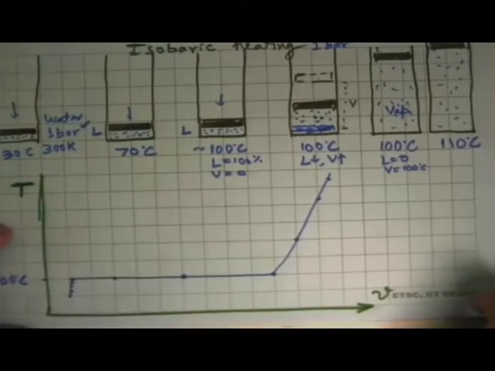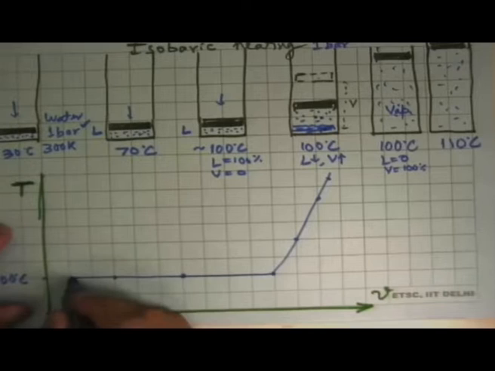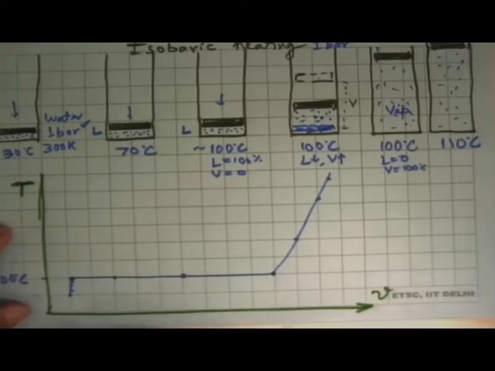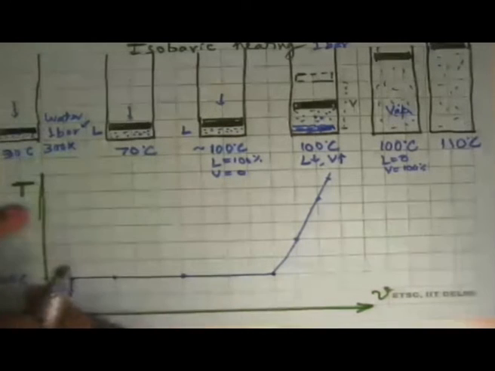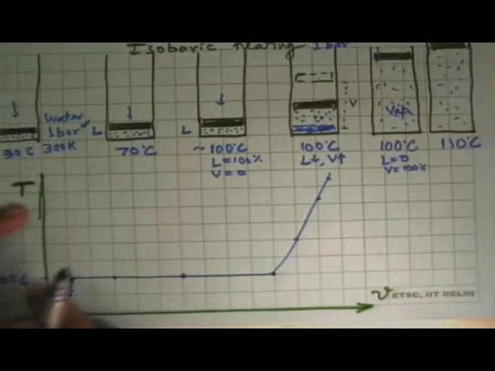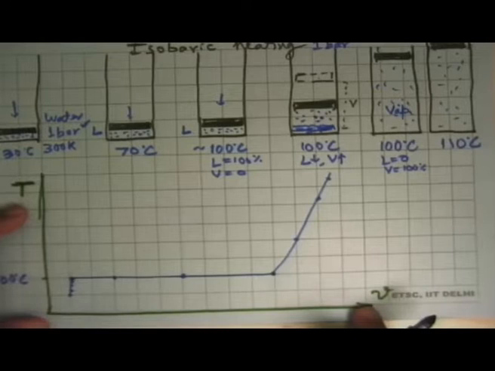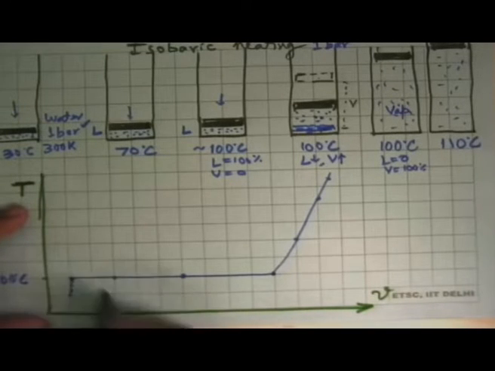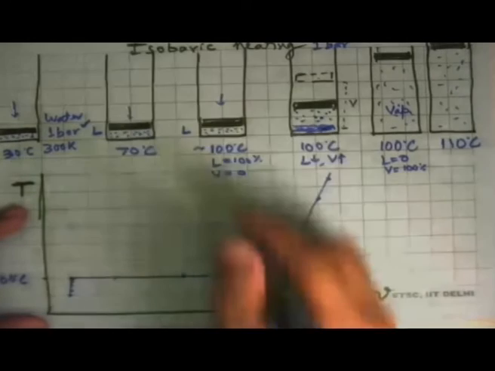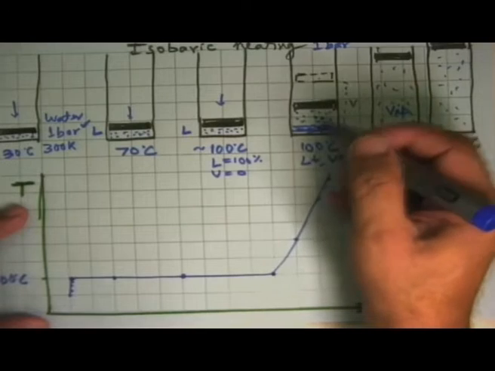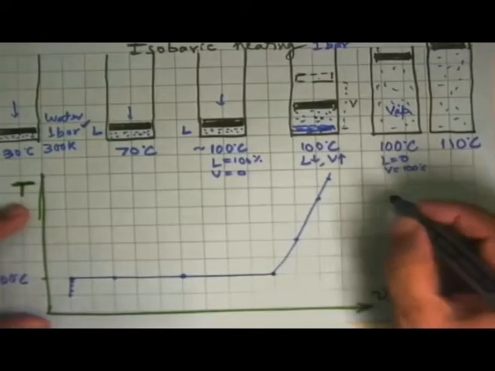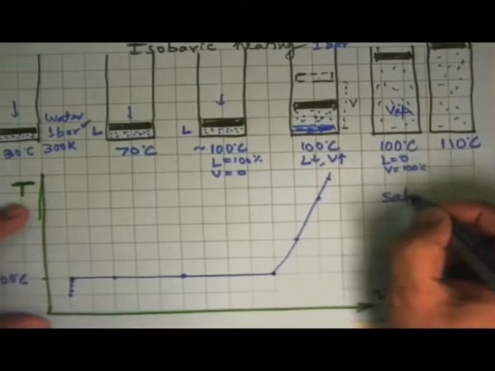The most important thing is that from this point to this point, under these conditions, what we saw here was that pressure was 1 bar, temperature was 100 degrees Celsius throughout. Specific volume was changing, pressure and temperature, neither of them were changing. So this point where isobaric heating causes phase change to take place, or isobaric cooling causes phase change to take place, these states are known as saturated states.